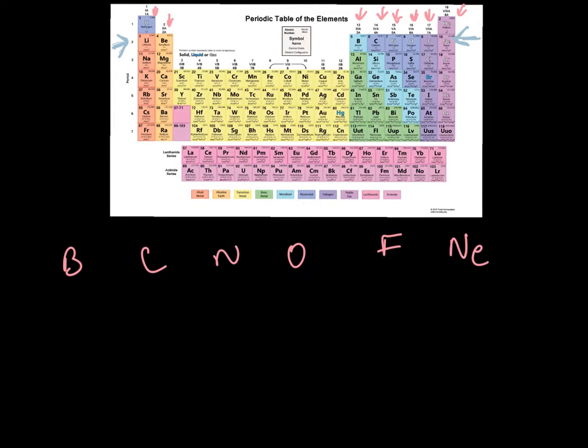So in boron, again, already the first in all of them, right? We already filled in. Boron has 5 protons. I'm just going to put the number 5. So we have 2 in the S, and all of these are going to have 2 in the S, right?